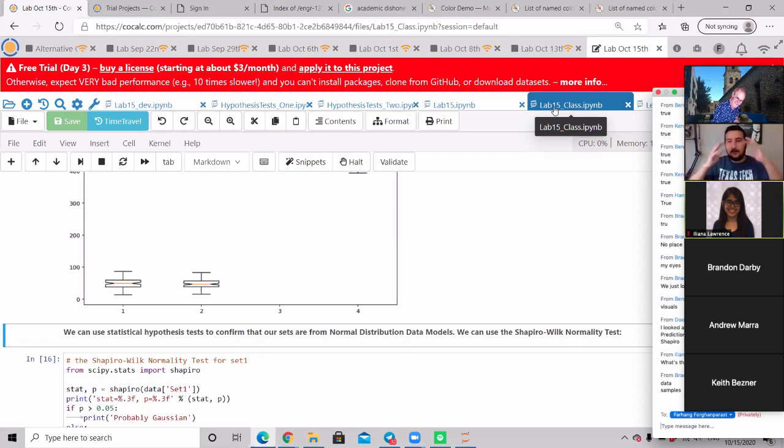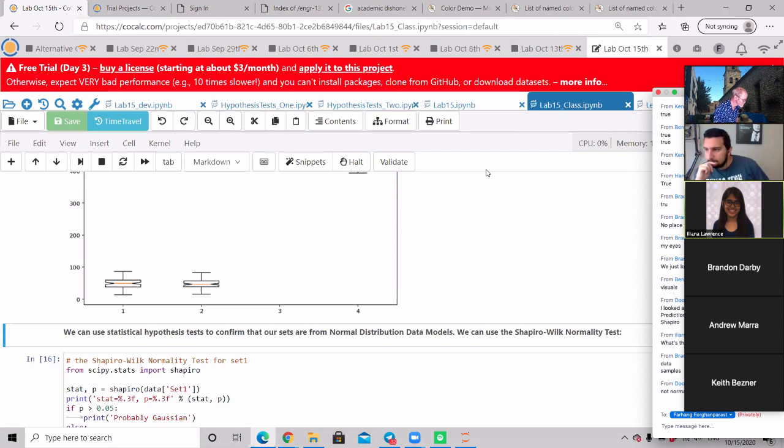So, the whole idea behind the normality test is that you want to check and see whether your samples are from a normal distribution data model. What is the null hypothesis for a Shapiro-Wilk normality test? That it is normally distributed? That it is normally distributed. So, if I run the test and I find a very, very small p-value, what does that mean?